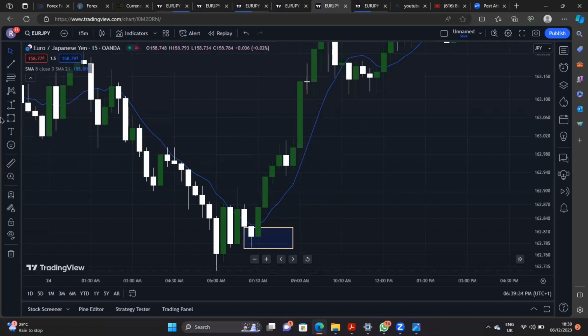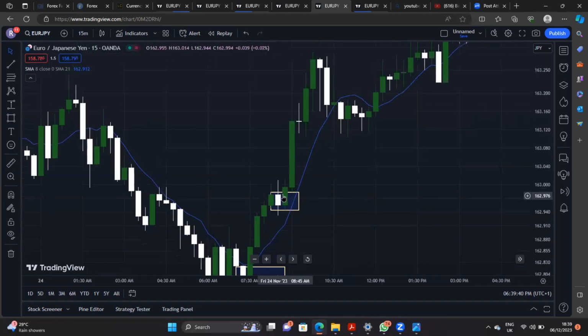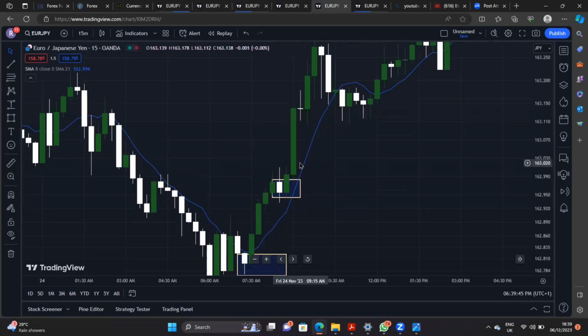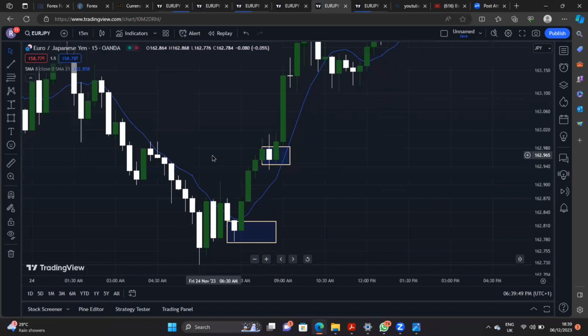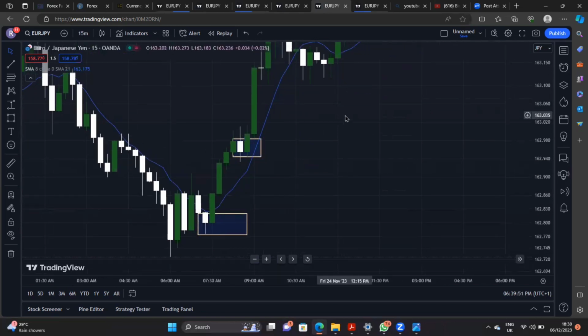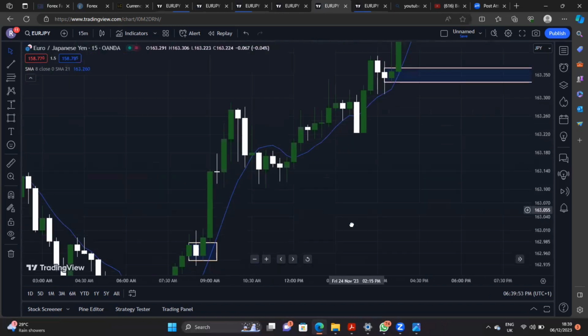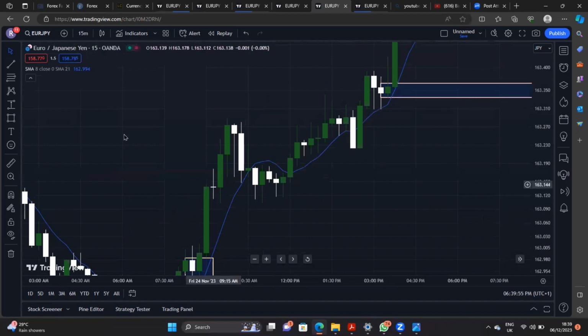Similar thing happened here. If you can see vividly well, there is a small candle there and then a long candle. As long as the candle is longer than the small body, we can consider it a very valid bullish engulfing candle. It also appeared right on this zone.